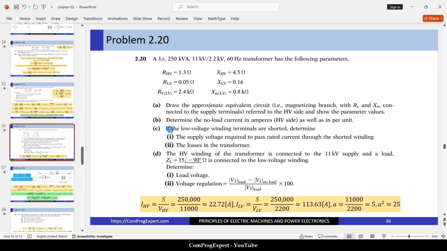Part C, if the low voltage winding terminals are shorted, determine the supply voltage required to pass rated current through the shorted winding, and the losses in the transformer. Yes, this is the short circuit test.